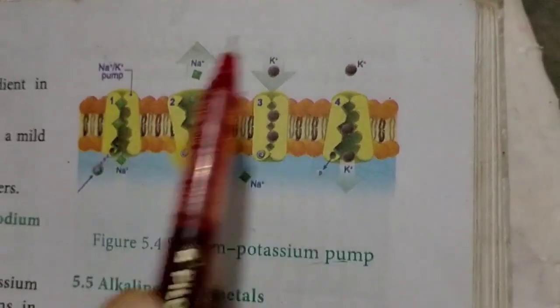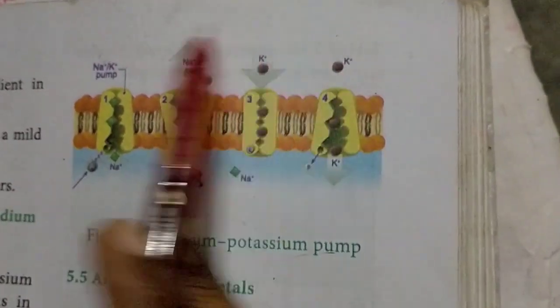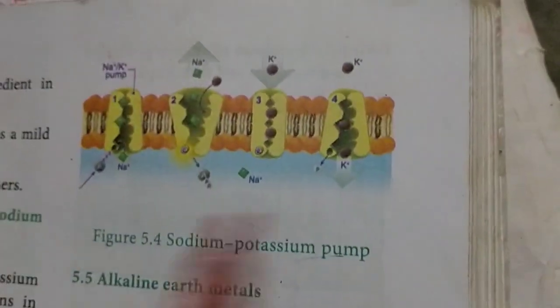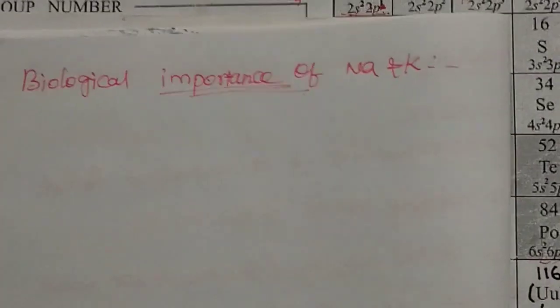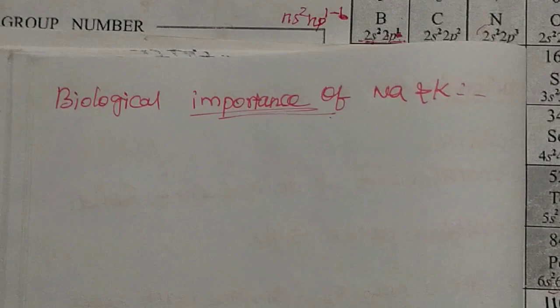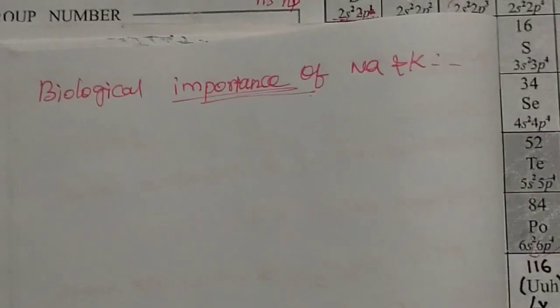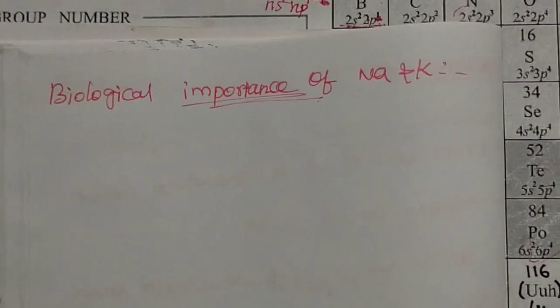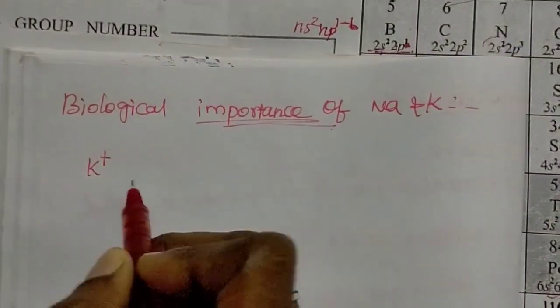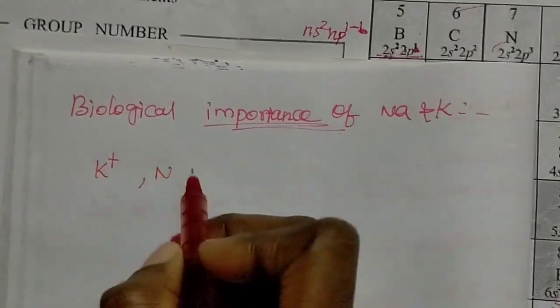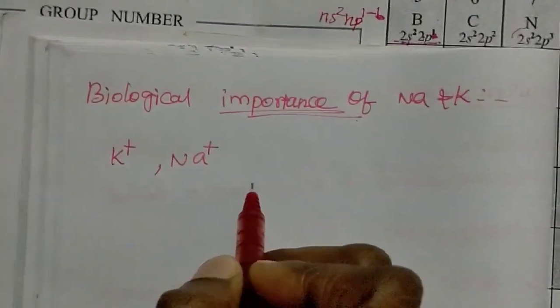Sodium and potassium exist in our body as ions, sodium and potassium monovalent ions.